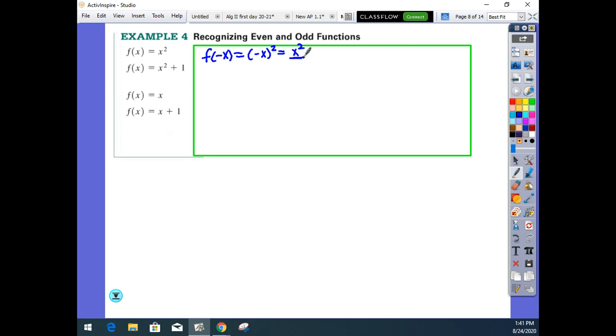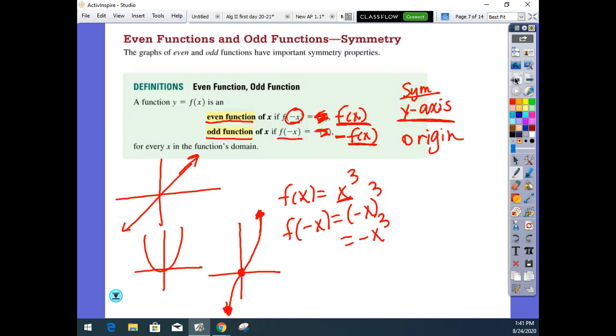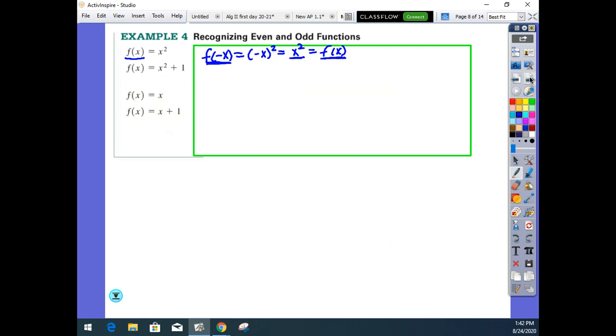If f of negative x equals the original function, because x squared is the same as the original, if f of x and f of negative x equal the same thing, then f of negative x equals f of x, it is even. This is an even function.